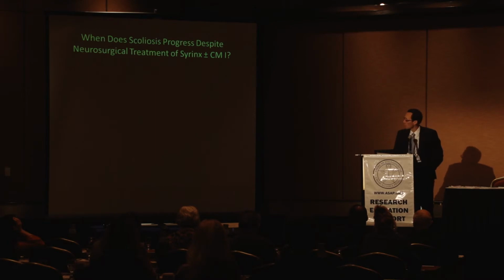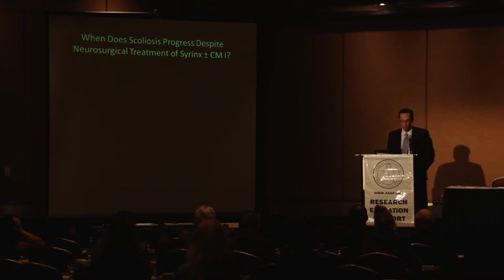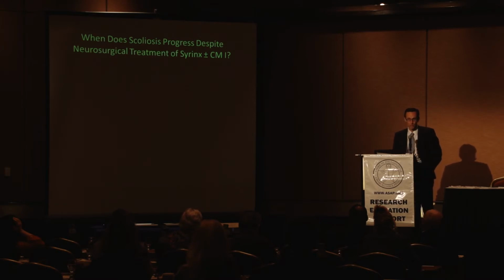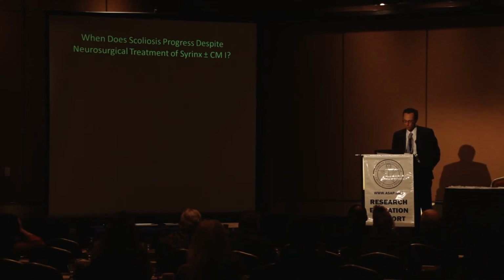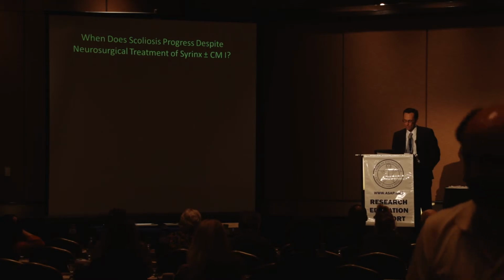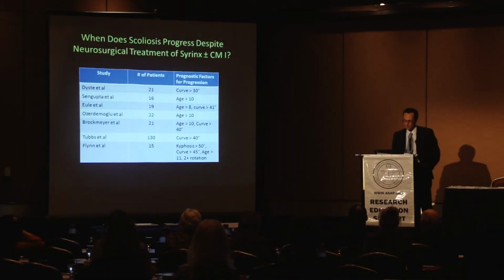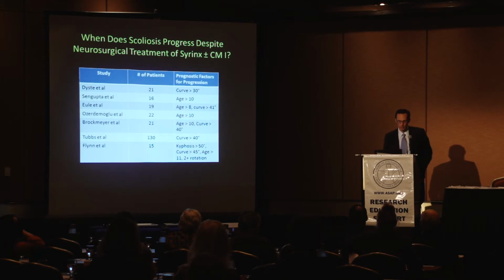When does scoliosis progress despite neurosurgical treatment? Another important question, for example, for the patient that I presented in the introduction, who had his decompression: how long do we wait before we make a decision to proceed with surgery? A couple of different studies have looked at this.